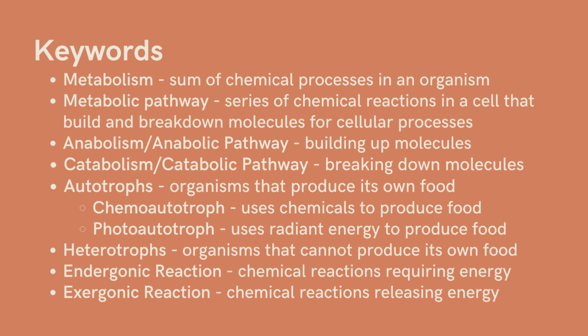Now, heterotrophs are organisms that cannot produce their own food. So they depend on other sources. They cannot manufacture their own food, unlike autotrophs. There are many types of heterotrophs.